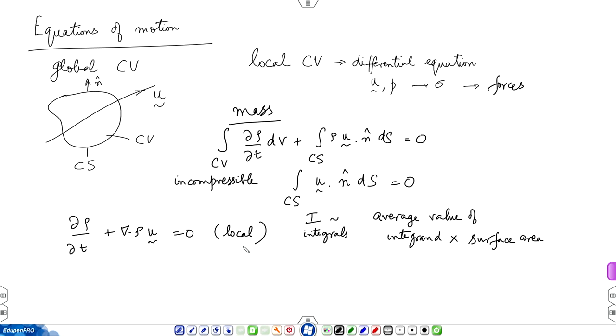So, that way it is local in space and time. Rho in this version is a function of position and time, velocity is a function of position and time.